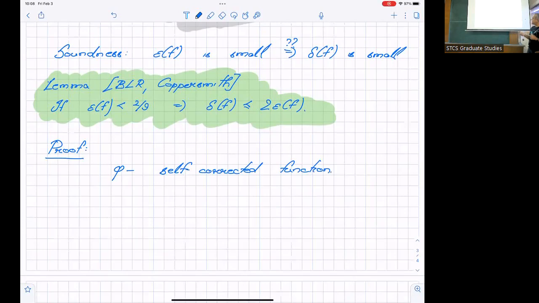We'll show that this corrected function is very close to the given function f. But if the given function passes the test with very high probability, this self-corrected function is actually a linear function. And that will prove the whole result. So what is phi of x? Phi is a function from {0,1}^n to {0,1}. We define phi of x.